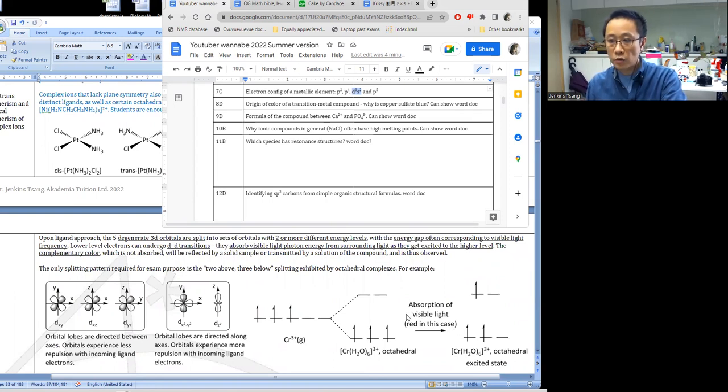As a result of the absorption of a certain colored visible light, the observer will observe the complementary color. So the answer to this question is choice D, saying that light complementary to blue is absorbed when electrons are promoted between d orbitals. That would be the correct answer.